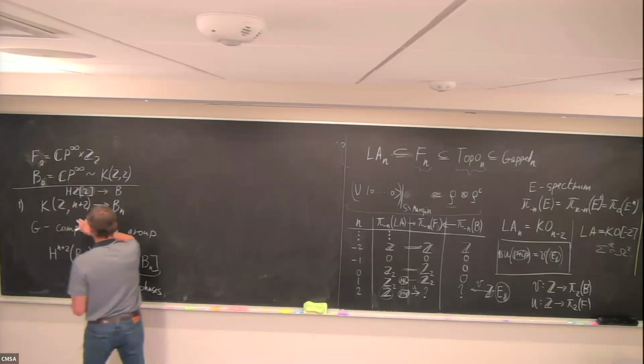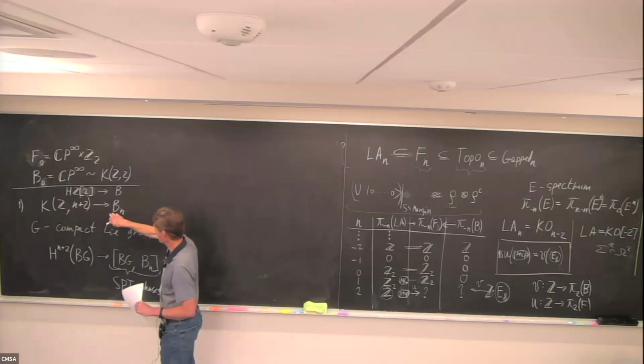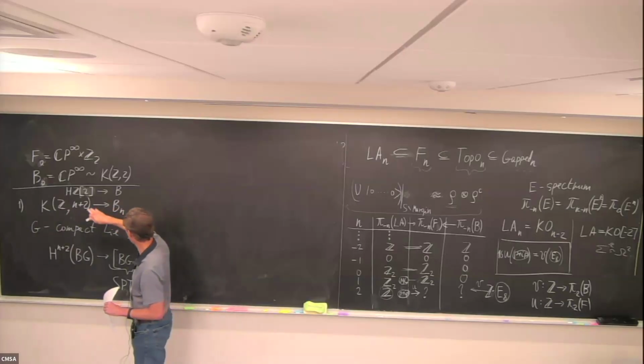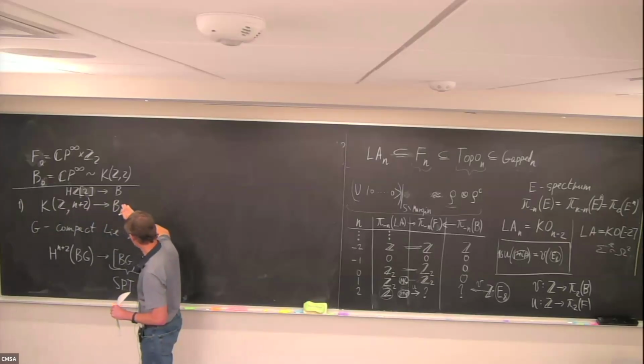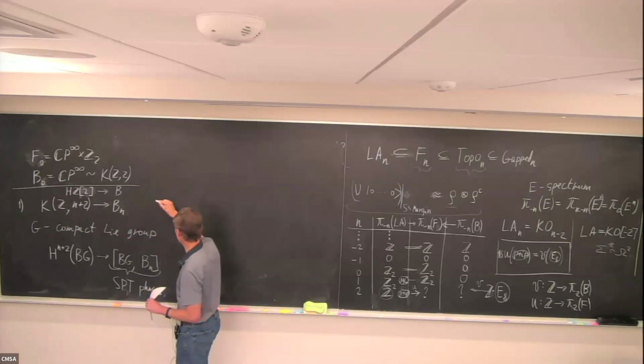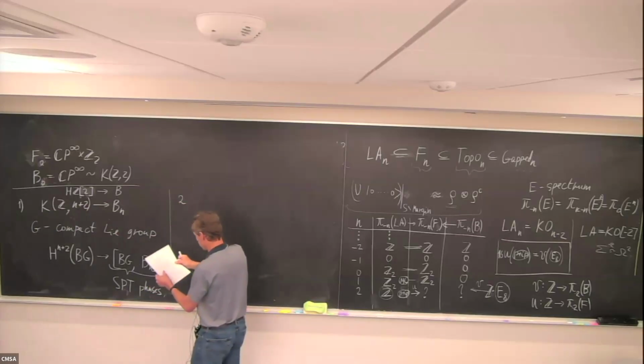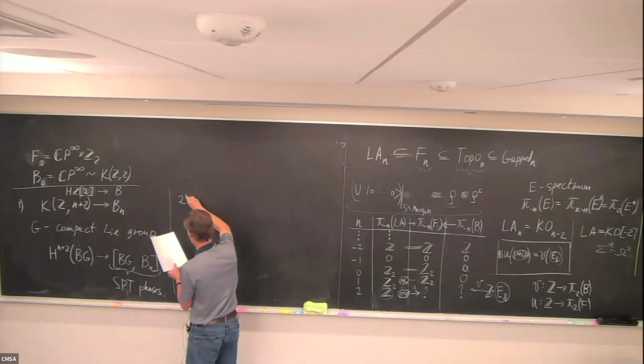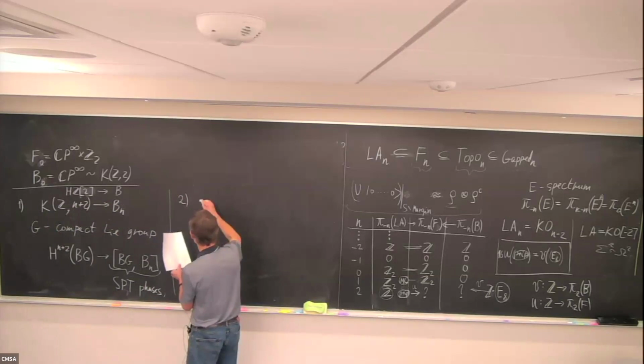And this goes in this direction. It basically uses a map from Z to pi2 of B. And we can go in the other direction. To go in the other direction, we need to start with the following.